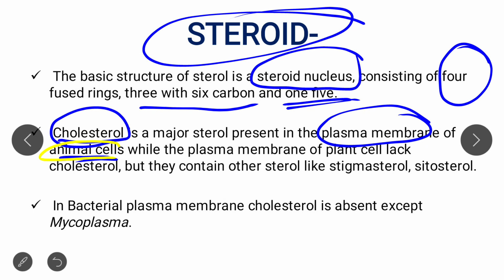If we look at the plant cell, it lacks cholesterol, but in place of cholesterol it has stigmasterol and sitosterol. So a question may be asked in the examination: what are the steroids present in plants? The answer will be stigmasterol and sitosterol.